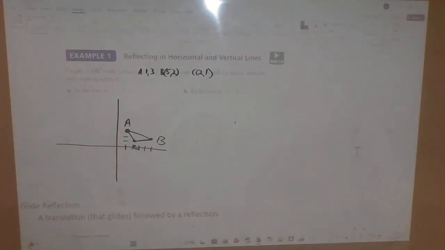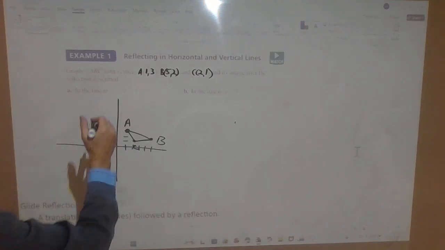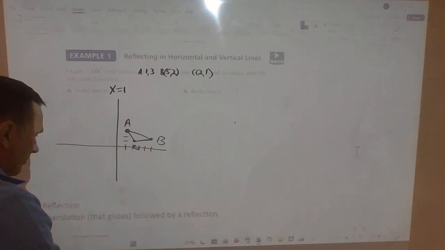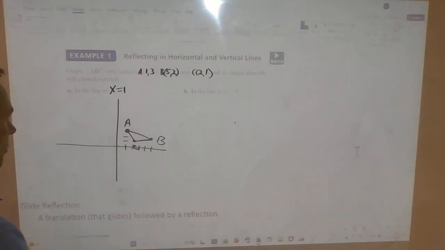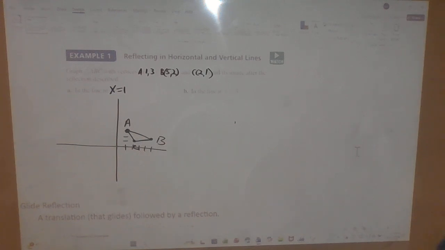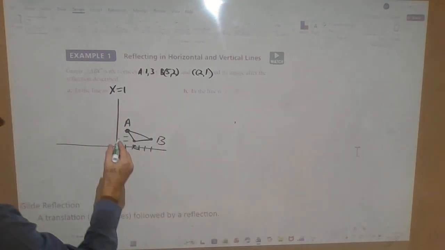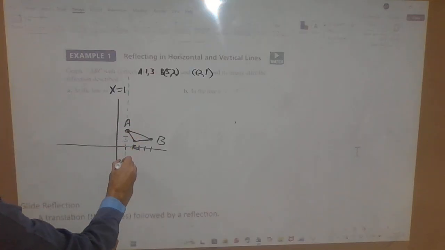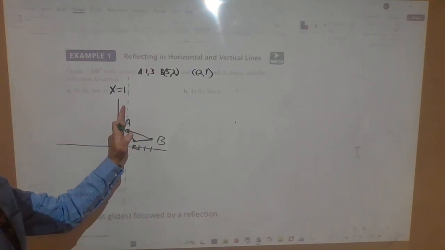Now we want to reflect it across the line of x equals 1. So here is where x equals 1. Our line of reflection is a vertical line where all the x's equal 1.